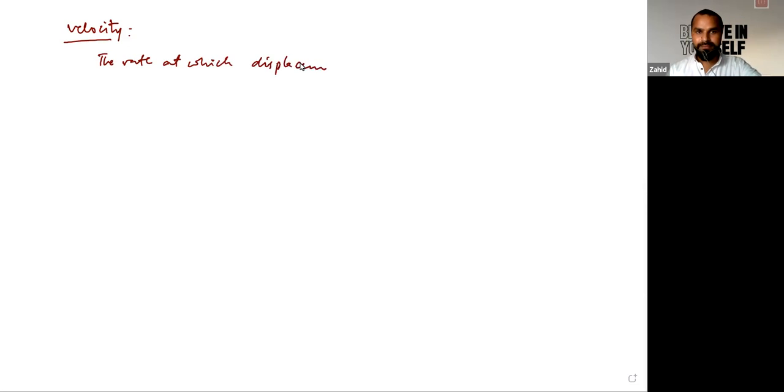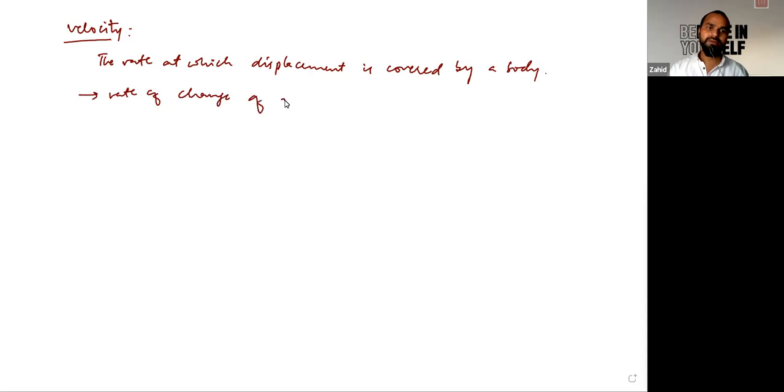Simply call it rate of change of displacement is called velocity.